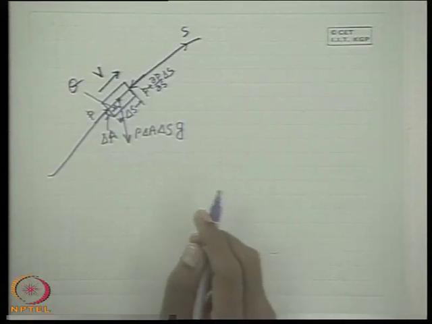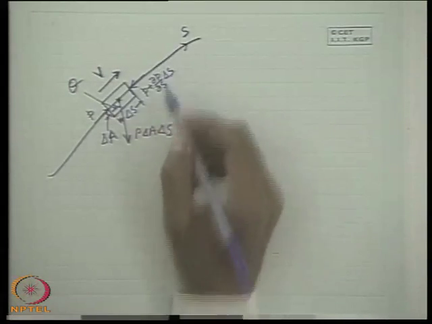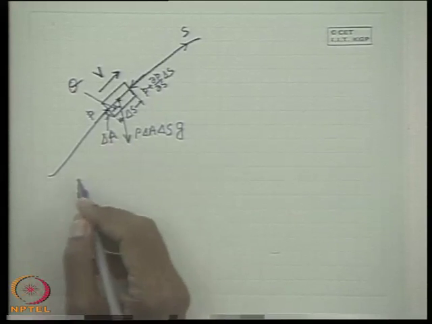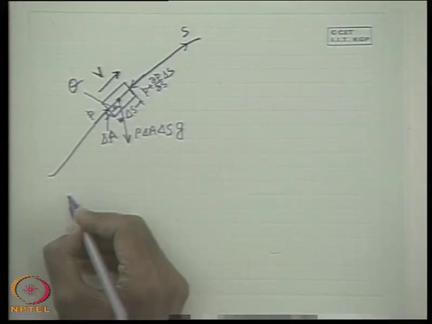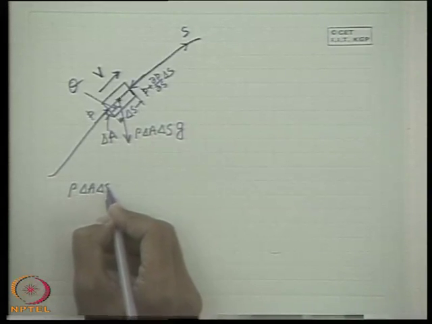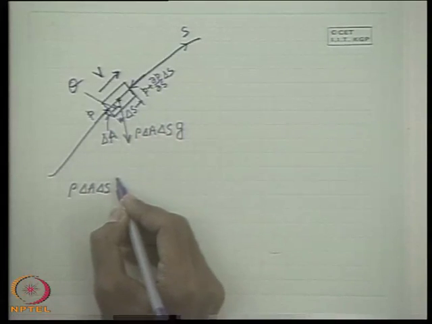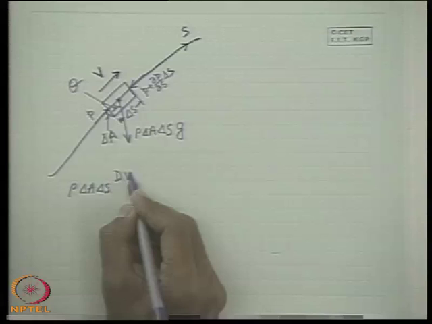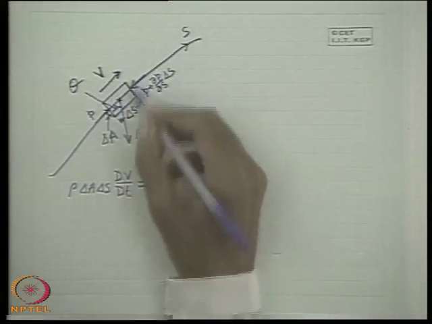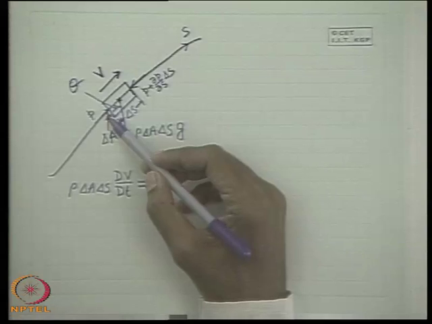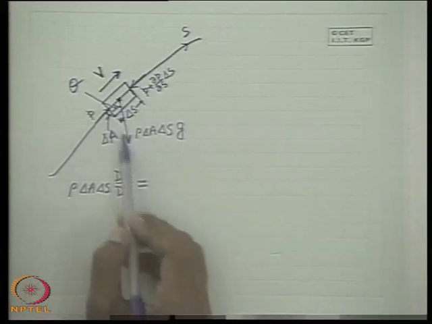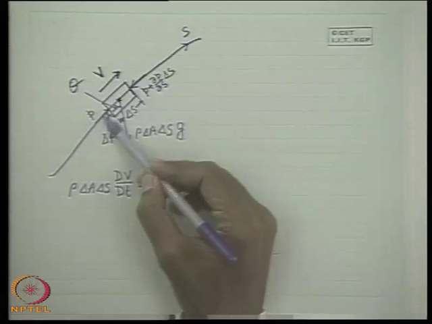Then a simple force balance in this direction of motion can be written from the equation of motion, or the conservation of momentum. Mass, rho times delta A delta S, times the change in velocity, let us write this as dV dt, is equal to the net force acting in this direction. The net force is contributed by the pressure force and the component of gravity along this direction.